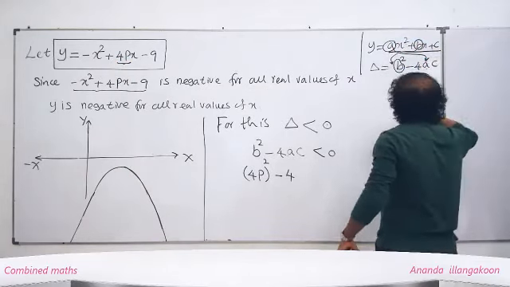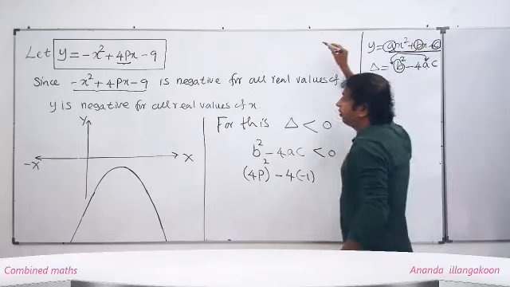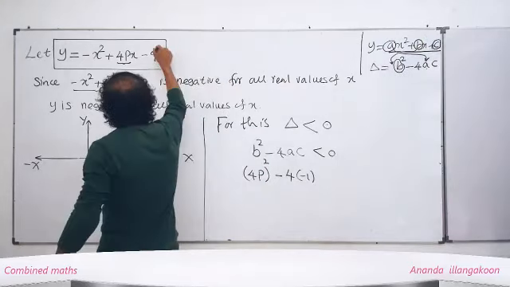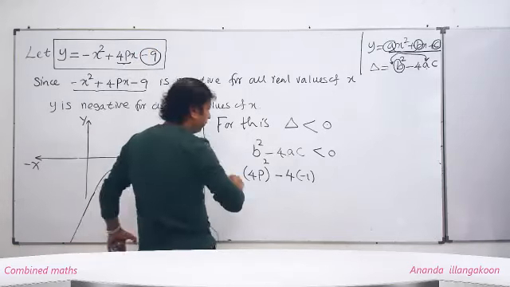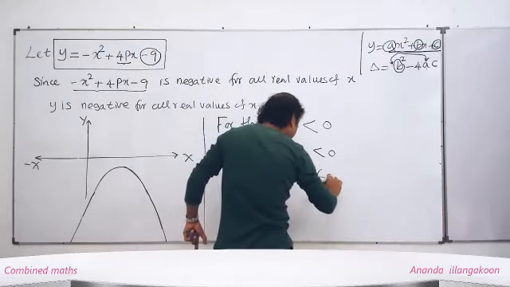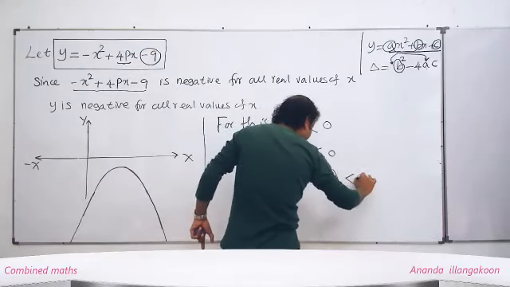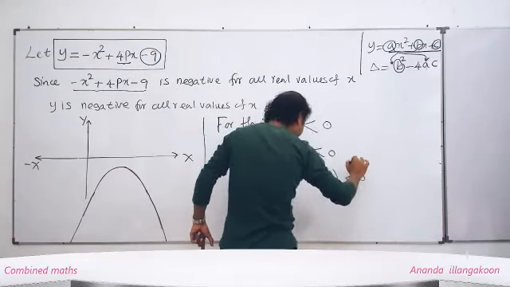What is that here, people? The x squared coefficient is minus 1. Therefore, a here is minus 1. C means, people, the term alone. It is here minus 9. Right, people, this is minus 9, less than 0. We get this. Now, you can take it like this.